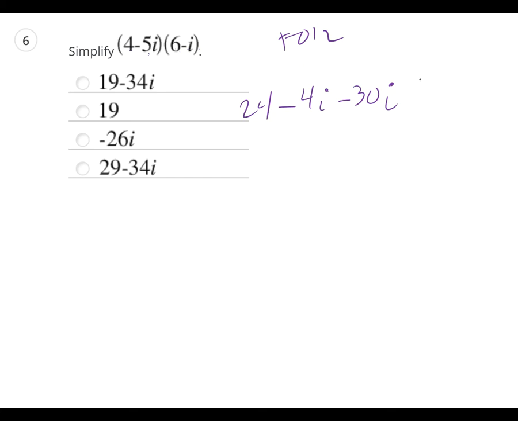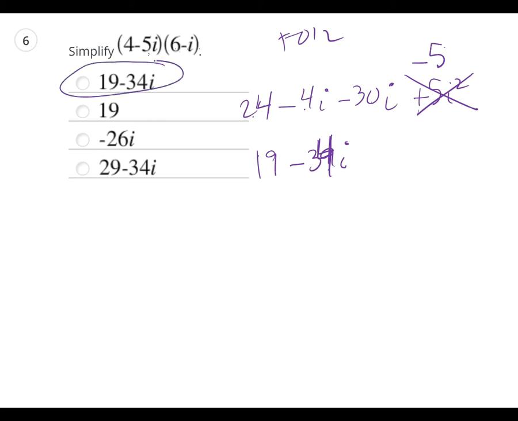Negative 5i times negative i is positive 5i squared, better known as negative 5. 24 minus 5 is 19, negative 4i, and negative 30i is... I think it was reading the second one originally.